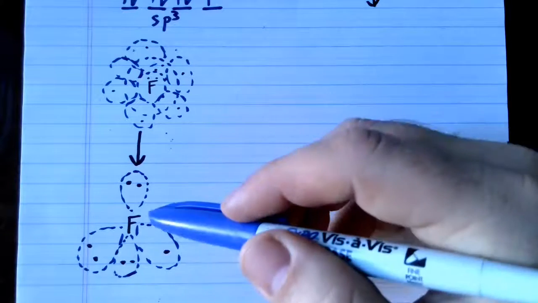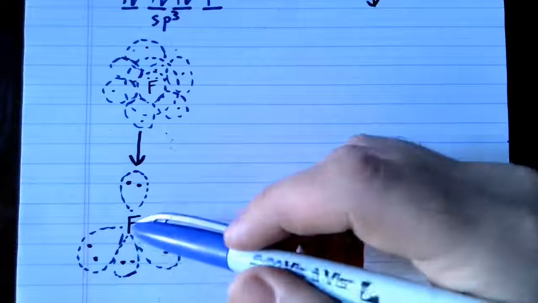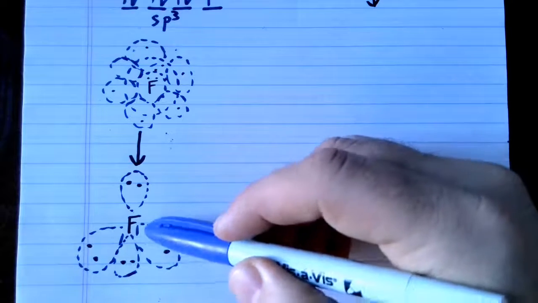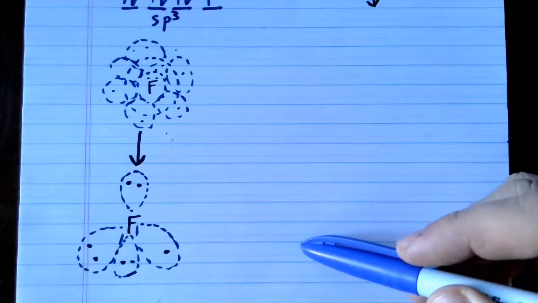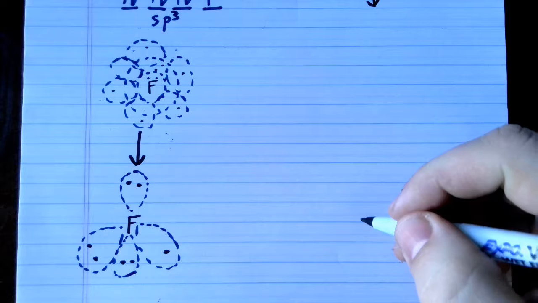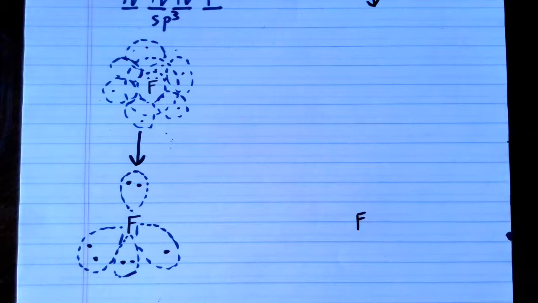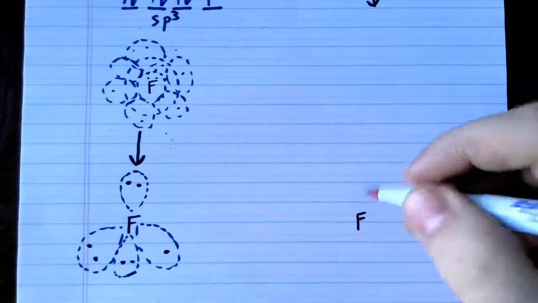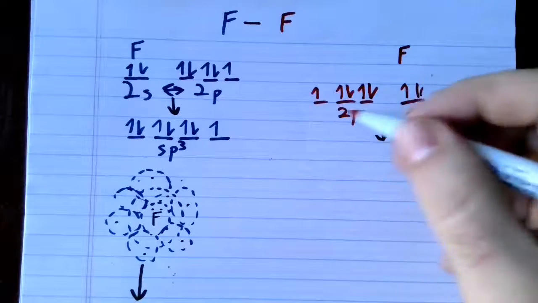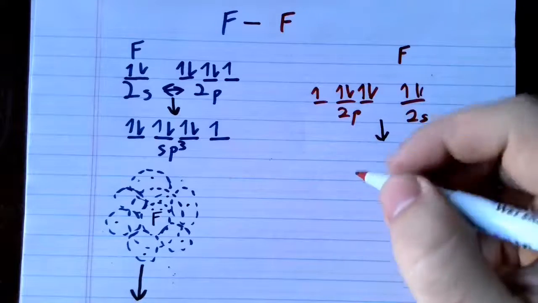That's what this is like. Okay? This fluorine does that because it's in the presence of an atom it wants to bond with. It's doing that in response to the other fluorine atom. So let's draw that fluorine atom in here. This is our red fluorine. This red fluorine is going to do the same thing. It is going to bond. It's going to hybridize its orbitals in order to bond.